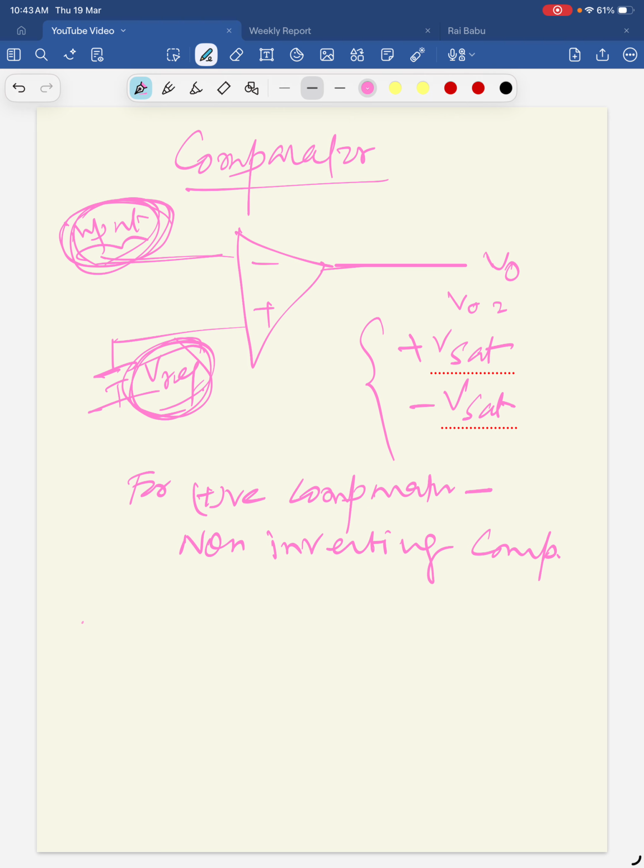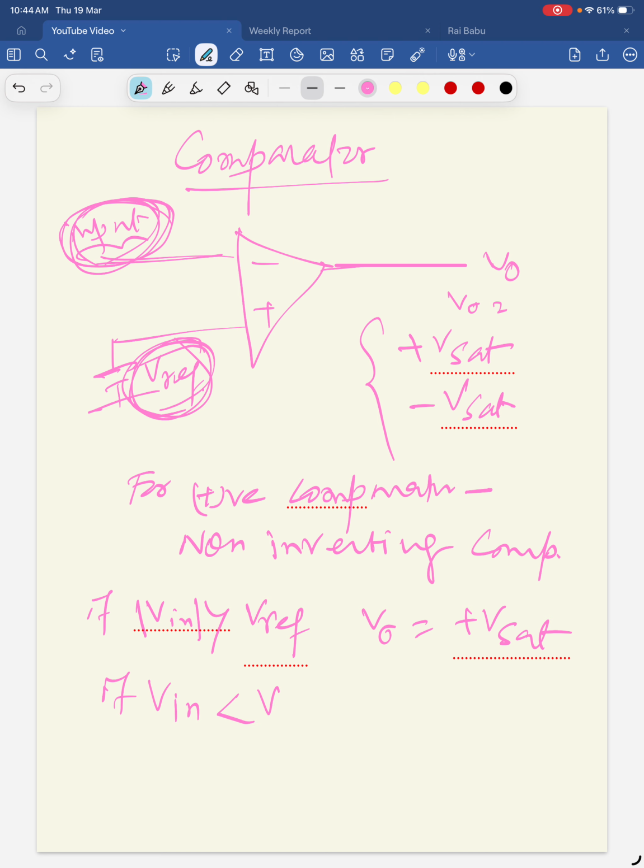If V in is greater than V reference, then V0 should be plus V sat. If V in is less than V reference, then V0 should be minus V sat. So two levels are there, plus and minus.